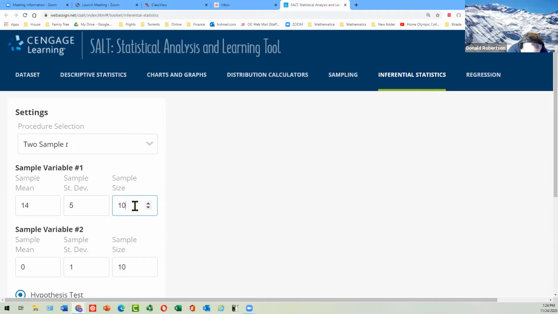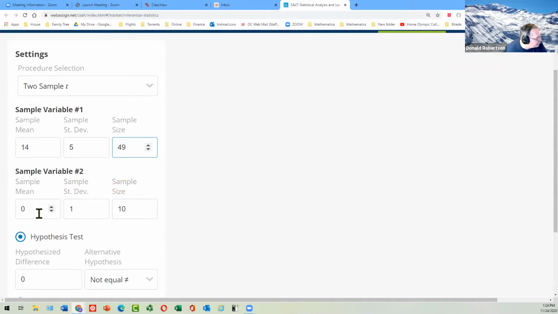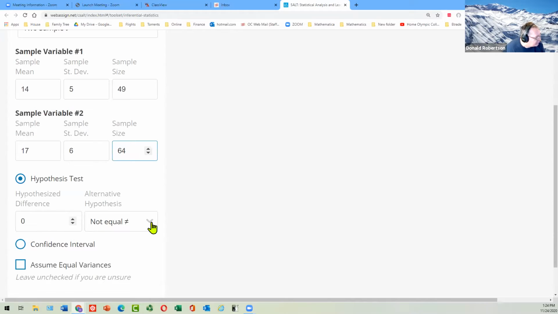And in this sample, there were 49 things. And in sample 2, the mean was 17. The standard deviation was 6. And the sample size was 64. And we are testing that the difference, which is always 0, not equal to.